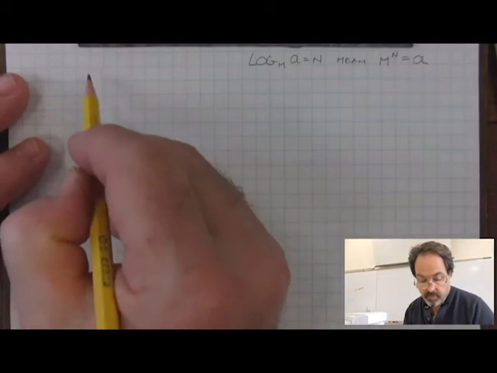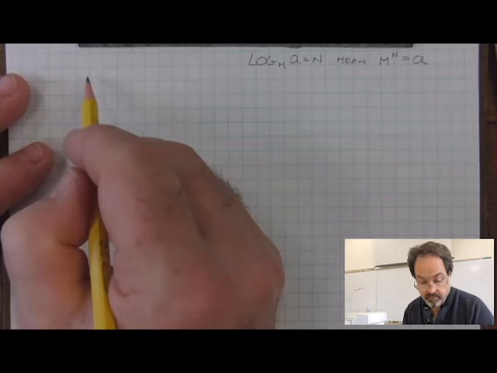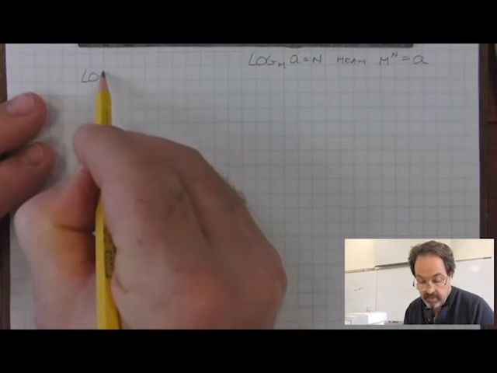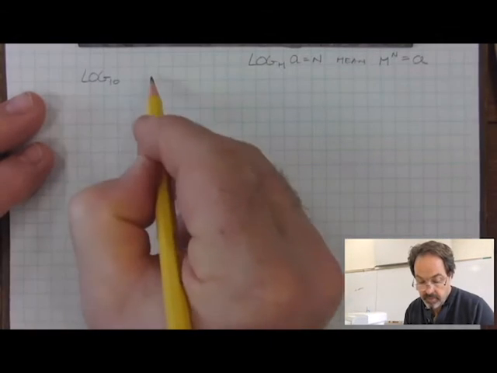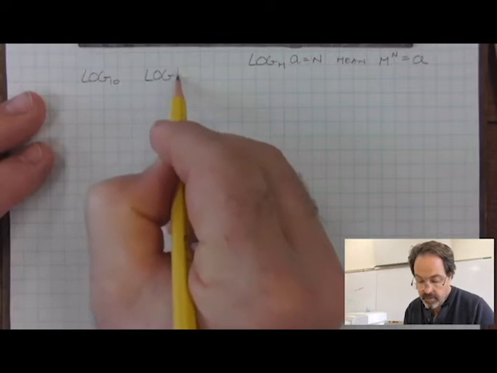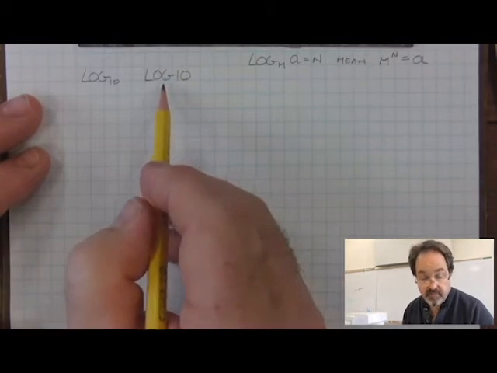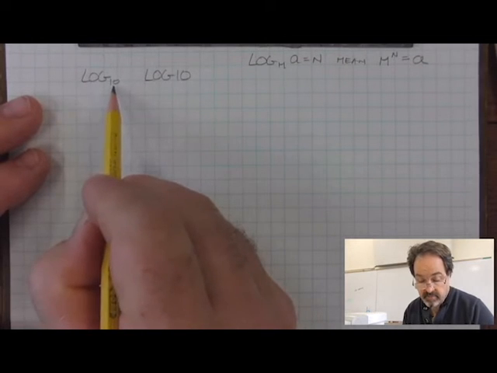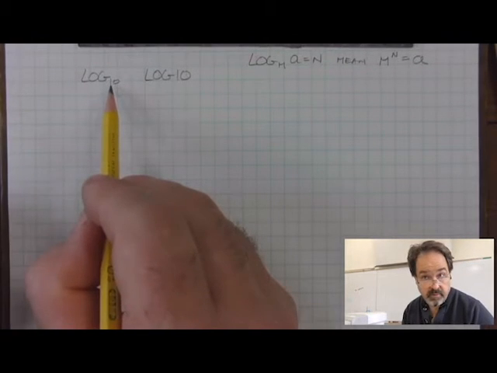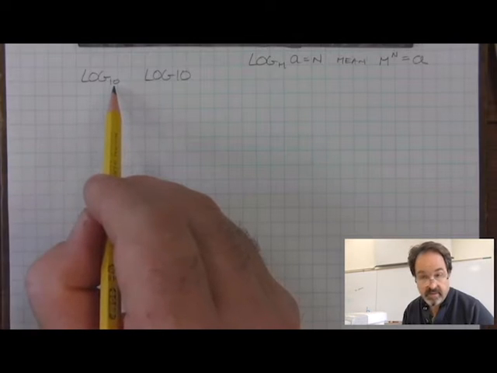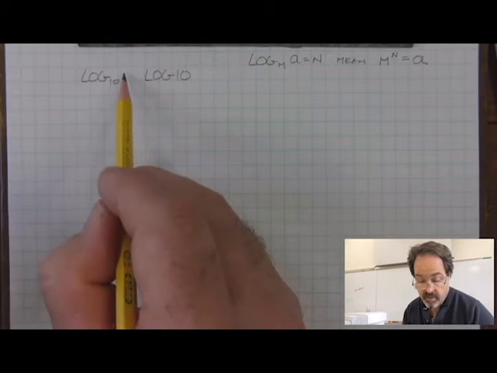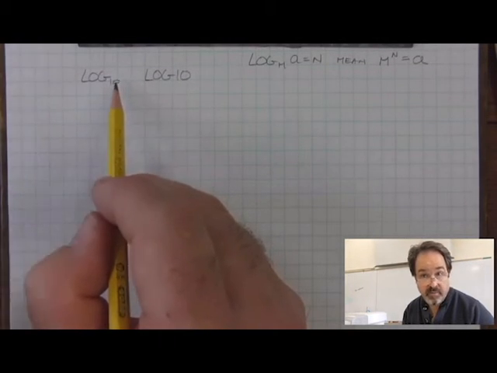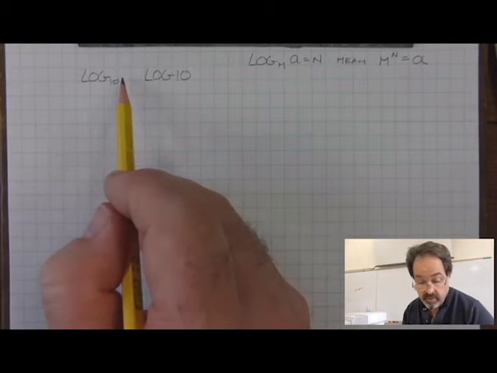Before looking at some log properties and log equation examples, it's worth noting how often this notation is mistaken for each other. Log base 10 is an operation. Log base 10 is incomplete because it has nothing after it yet that we would take the log base 10 of.